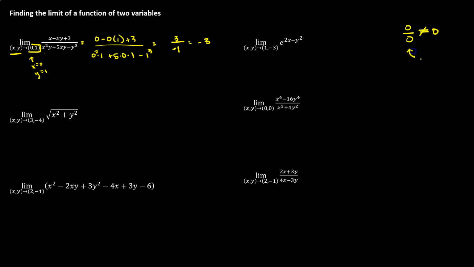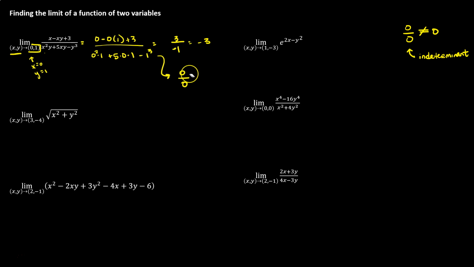It is indeterminate. So if you evaluate a limit, and instead of getting 3 divided by negative 1, for example, you got something that looked like 0 over 0, you would need to stop and say, I don't know what this equals. Let's go back and try to do some algebra to clean it up.